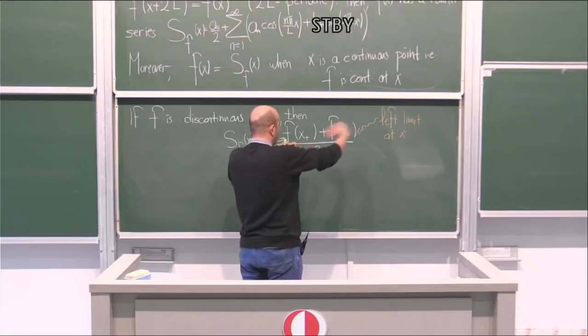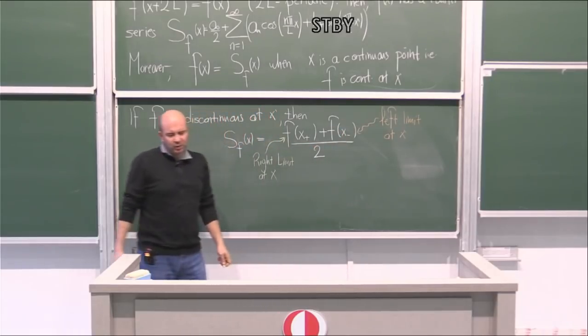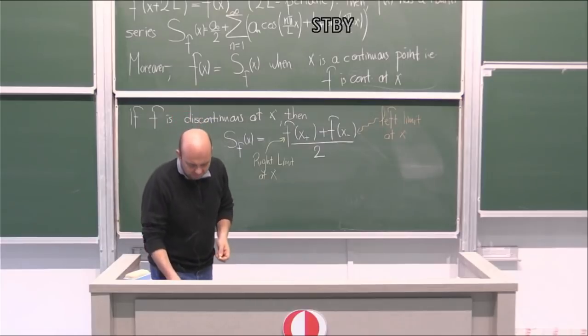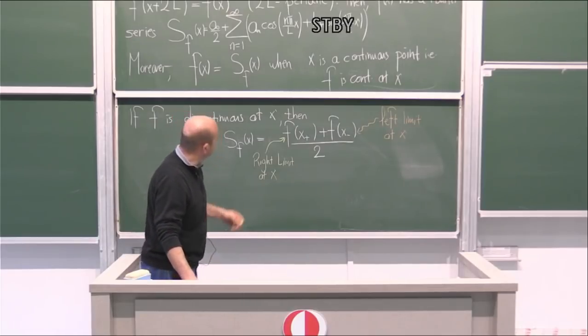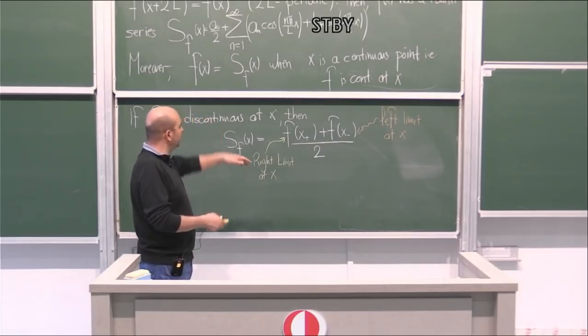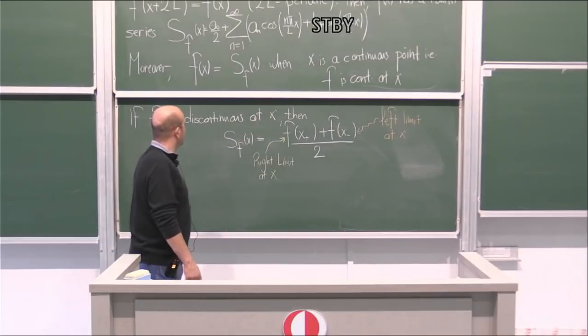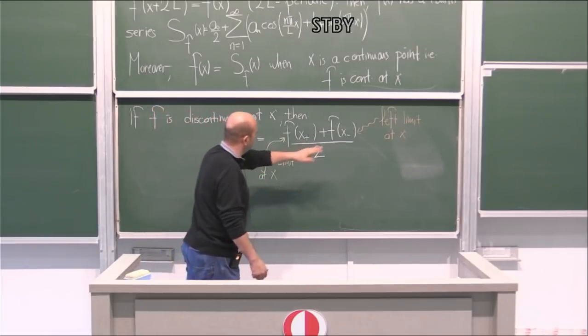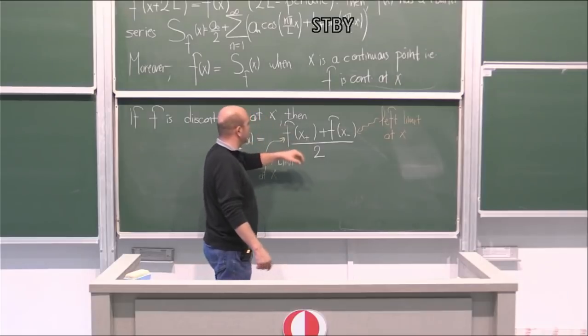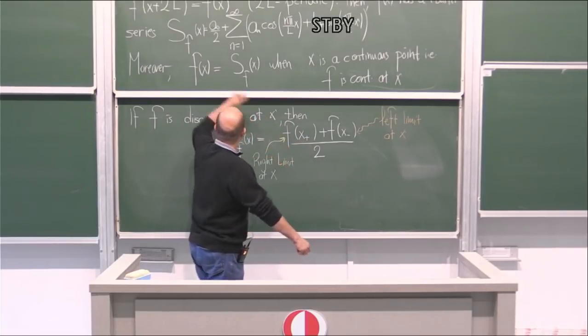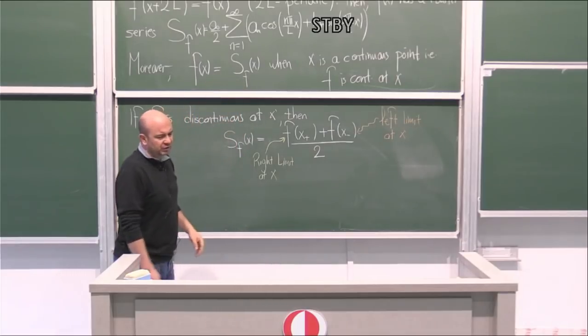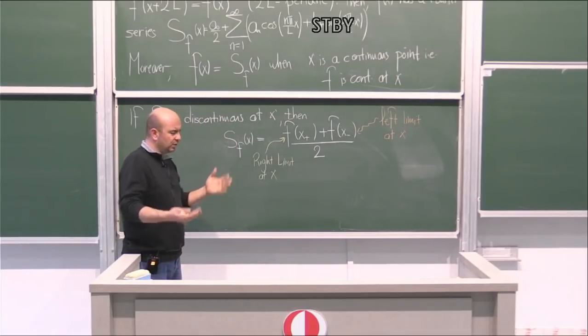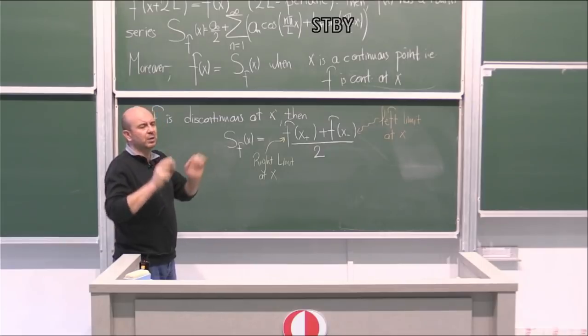If they were the same, of course, we would have a limit there, and if the function is defined there with the same value, it will be continuous. Then you fall automatically in the first case, where the Fourier series and the function give you the same answer.